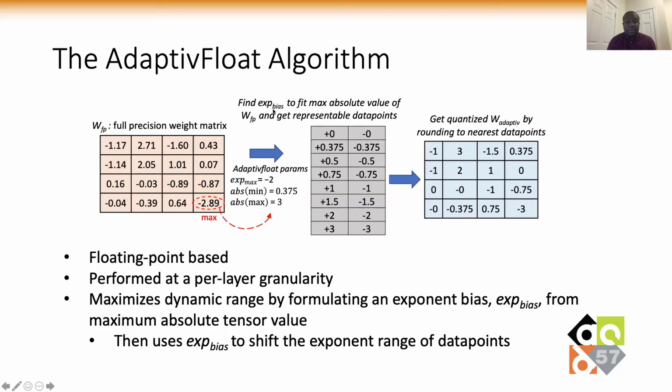EXP bias is notably computed from the maximum absolute value in the weight tensor. Then based on this EXP bias, adaptive float dynamically shifts the exponent range of the data type in order to encode as faithfully as possible the larger values in the tensor.